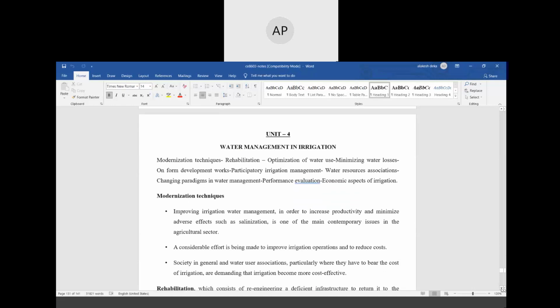So the design of an alluvial channel, that is canal design, is generally based on these two theories, Kennedy's silt theory and Lacey's silt theory. We have some topics related to modernization techniques, water management in irrigation.